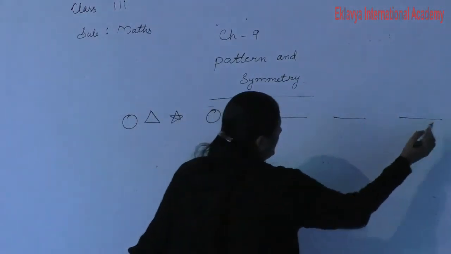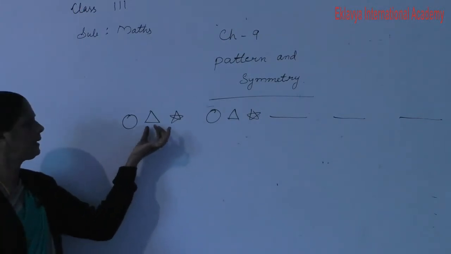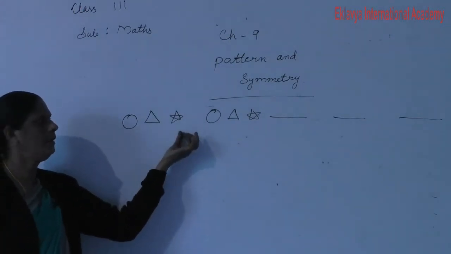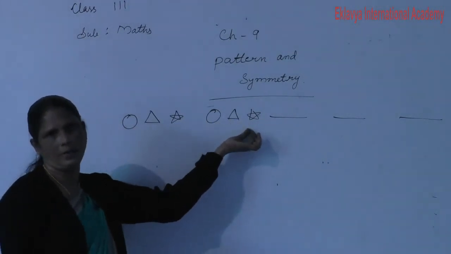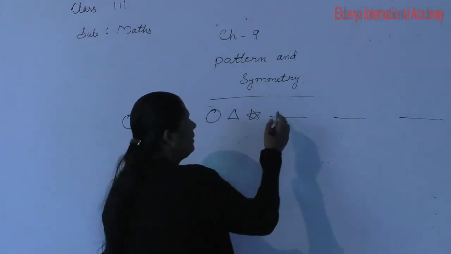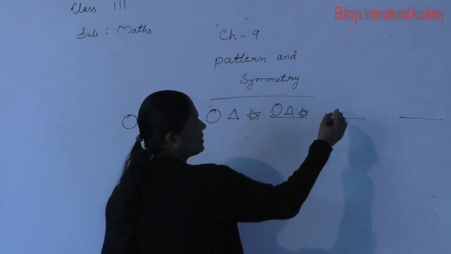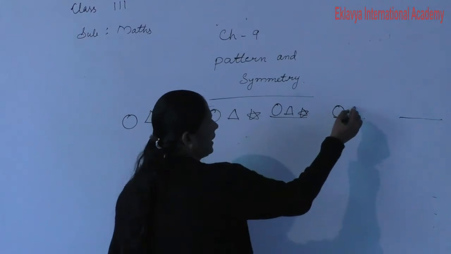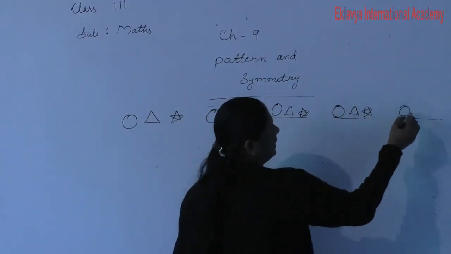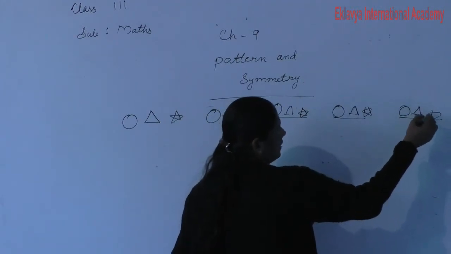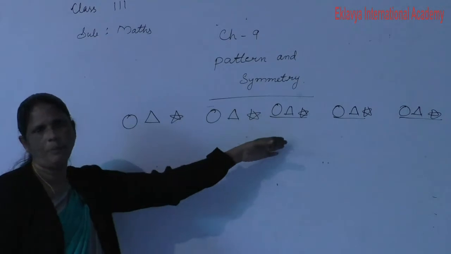First we have circle, triangle, star. Then circle, triangle, star. Now again circle, triangle, star. Next circle, triangle, star. Understand? These are the shape patterns.